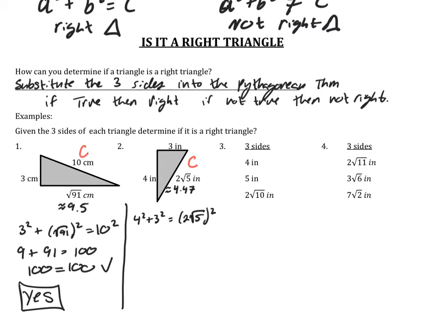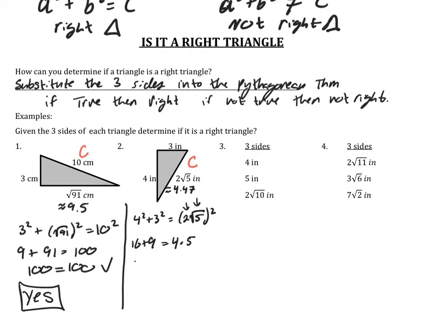Now do be careful when squaring this because you do need to square those two pieces separately. We're going to square 2, then we're going to square the square root of 5 separately. So we're going to get 16 plus 9 equals 2 squared is 4 times square root of 5 squared is 5.